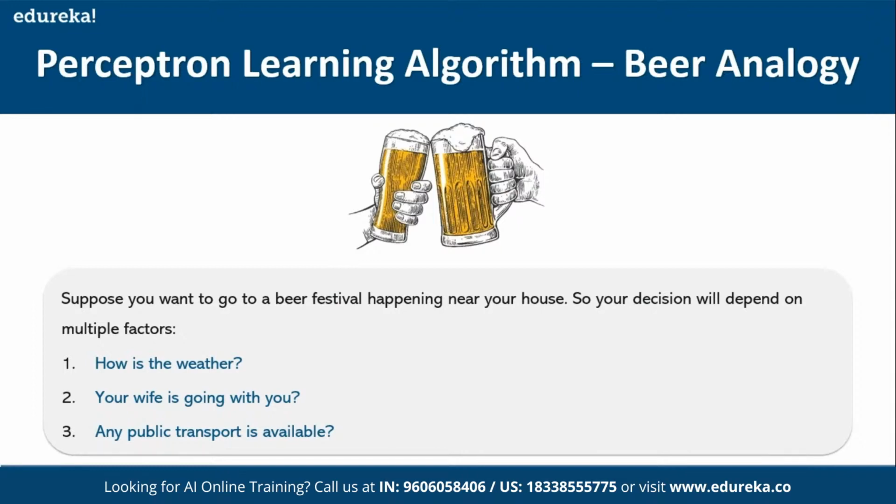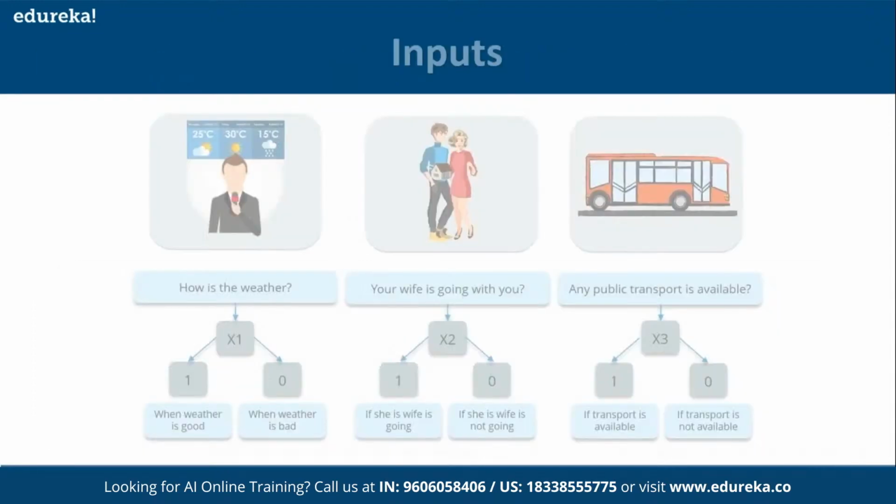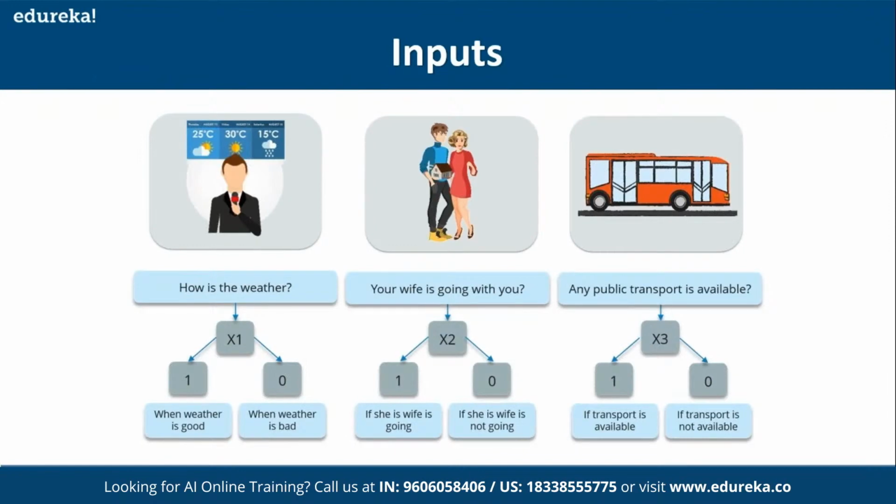Now, for every question you have two outputs. If the weather is good, the output of this question will be 1. If the weather is bad, the output is 0. If your spouse is accompanying you for the beer festival, it is 1.